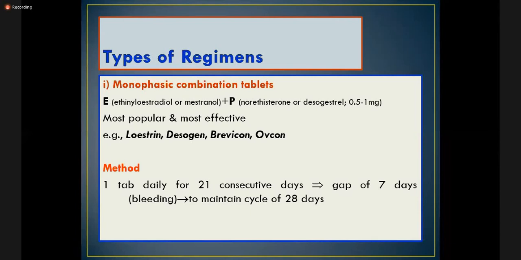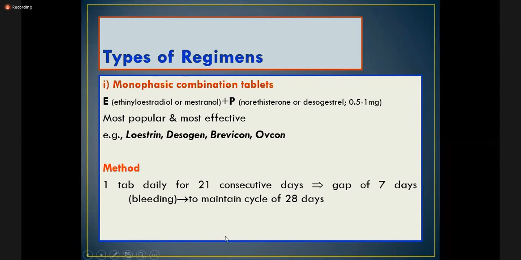When we say combination, that means we have both components, estrogen and progesterone. So ethinyl estradiol or mestranol, one of the preparations from the estrogen side, and from the progesterone side we have norethisterone or levonorgestrel, either one of the preparations, right? The most popular and most effective, we have already discussed. So these are the market names or generic names of monophasic combination tablets.